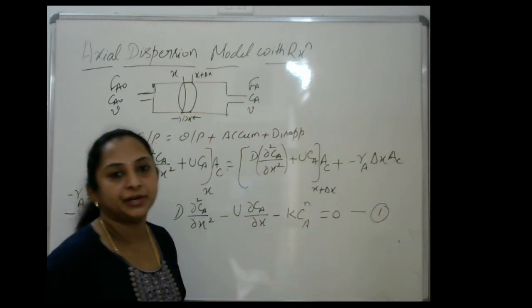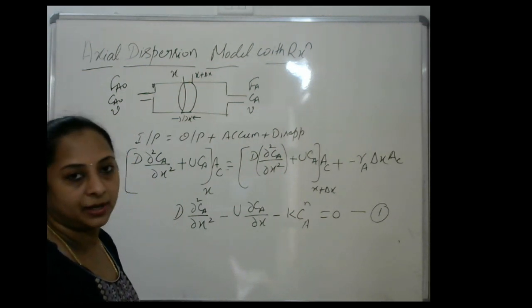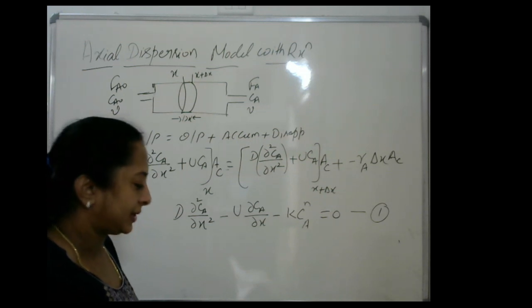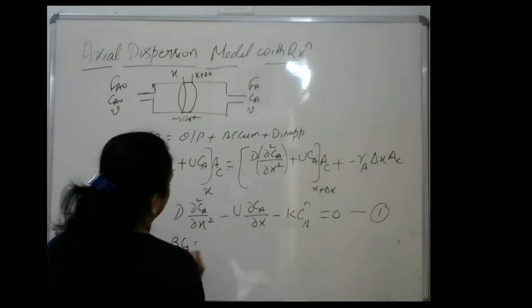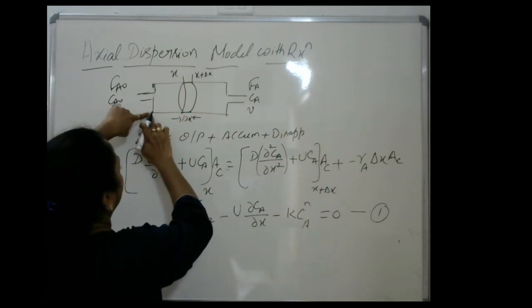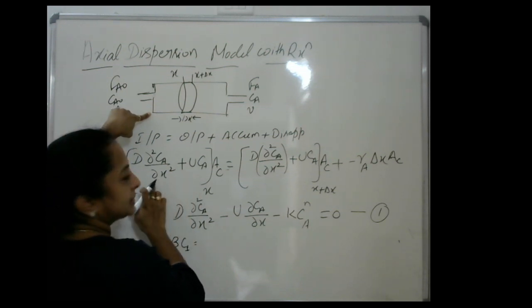Next are the boundary conditions. Let us go with the first boundary condition. The first boundary condition is at the inlet. At the inlet, the boundary condition remains the same.